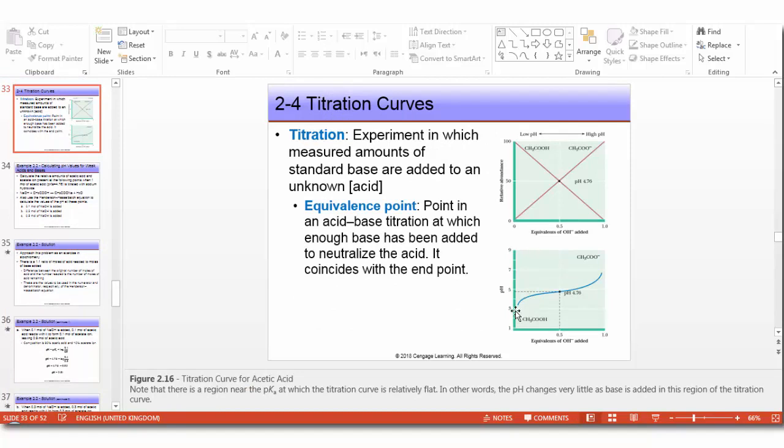At a pH value lower than the pKa, the proton is on. When the pH is greater than pKa, then the proton is off. So at the beginning here, the proton is on, which means the acid is protonated, and at the end we have the proton off, the acid is deprotonated, and in the middle it's half protonated.